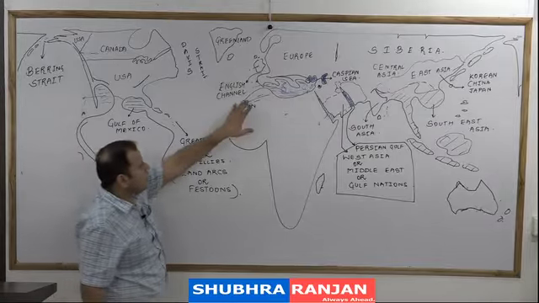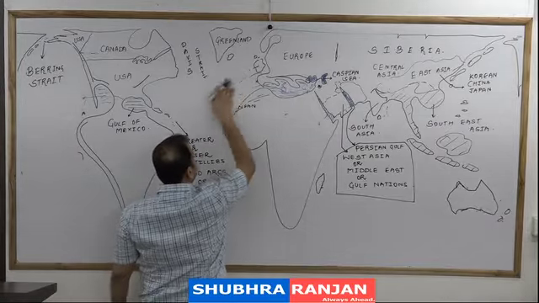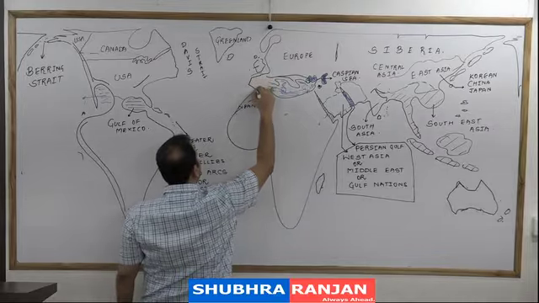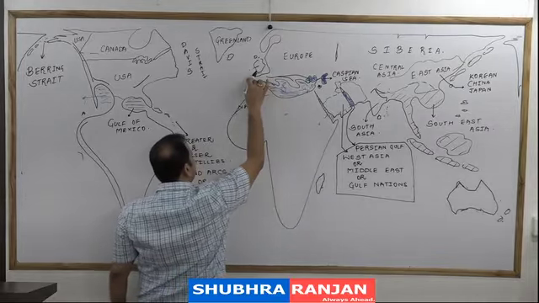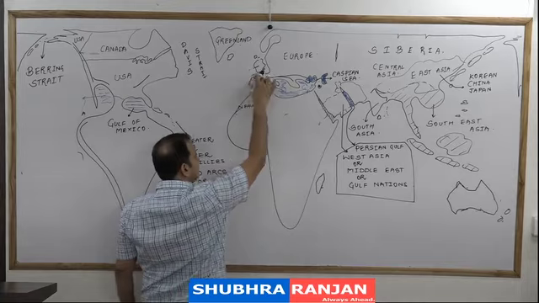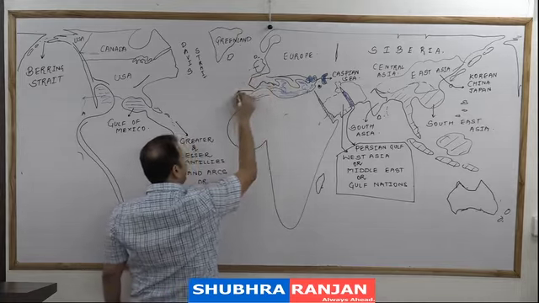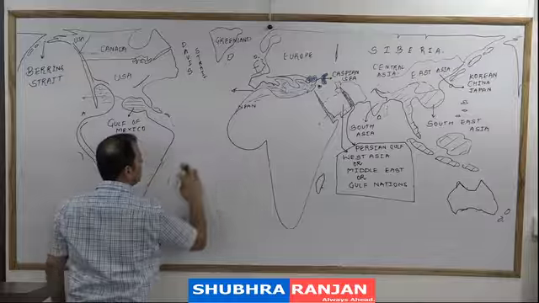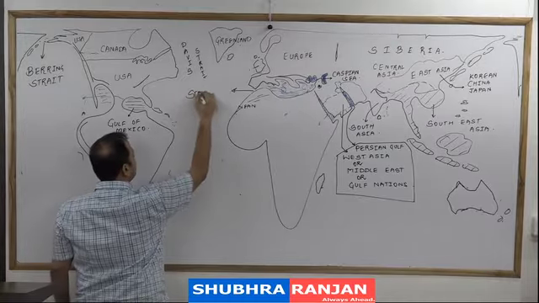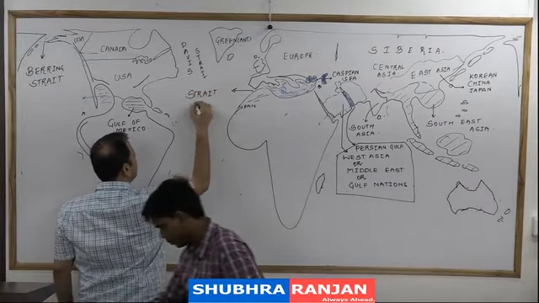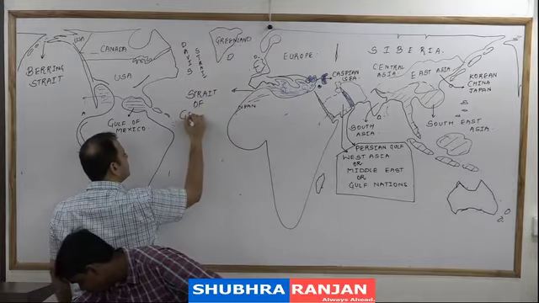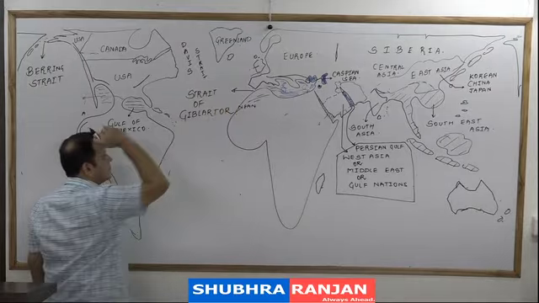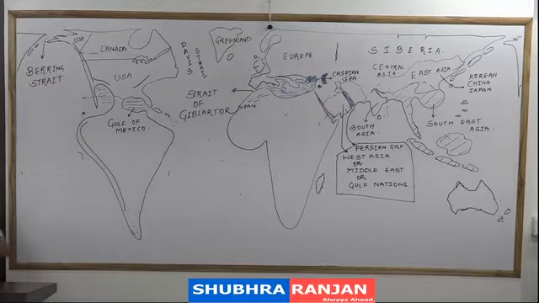Then you come to mainland Europe, where the countries are Portugal, Spain, France, etcetera. And here we have one of the famous straits in the world, known as the Strait of Gibraltar.